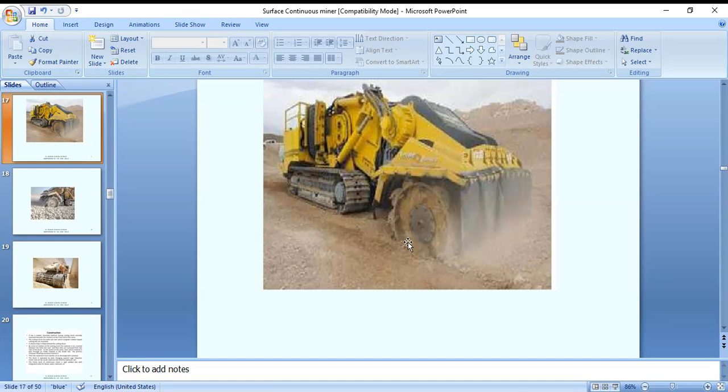So this is another model, almost just like a dozer, but in the front section there will be a drum. It is a circular drum, and around the periphery of the drum there are picks.